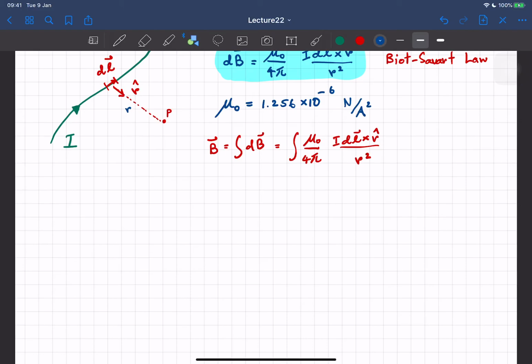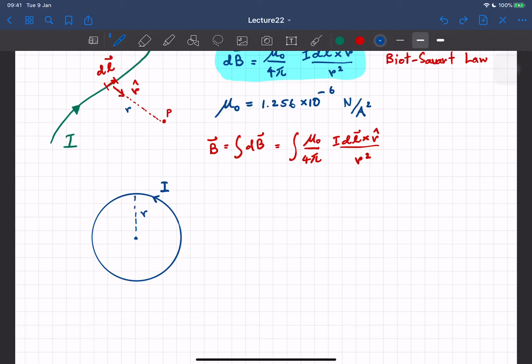Let's consider a circular wire with radius r with current going around counterclockwise like this. And we want to know the magnetic field at the center of this loop. This is the case where we need to apply the Biot-Savart law.